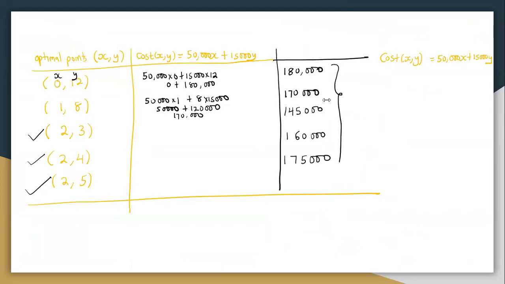Okay. Yes, Mal? Oh, Mal is not talking. The pair 2 and 3. Which one?